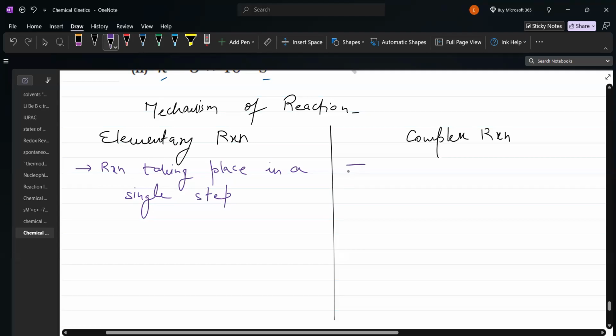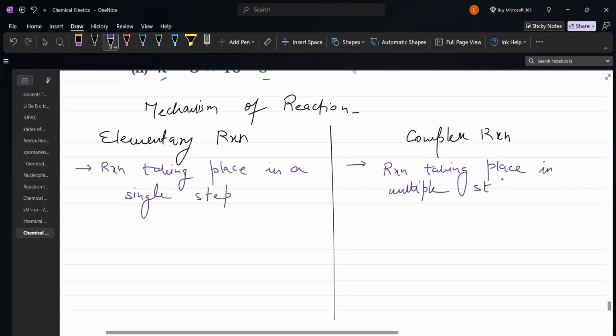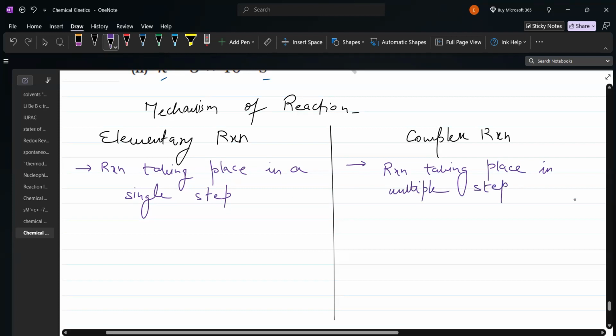And if the reaction is taking place in multiple steps, then this is a complex reaction.